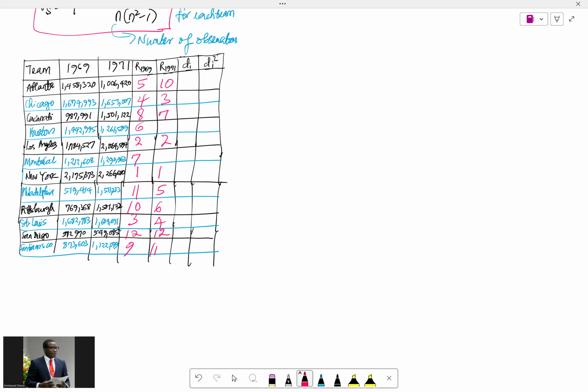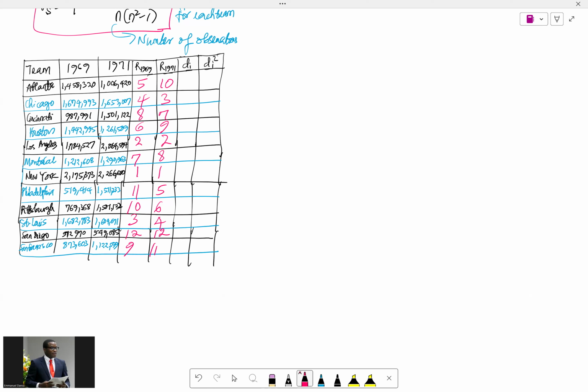It should be number eight, and 1261 is number nine, because 290 is bigger than 261, right? So eight is Montreal, and nine is Houston, because Montreal is 1290, while Houston is 1261.